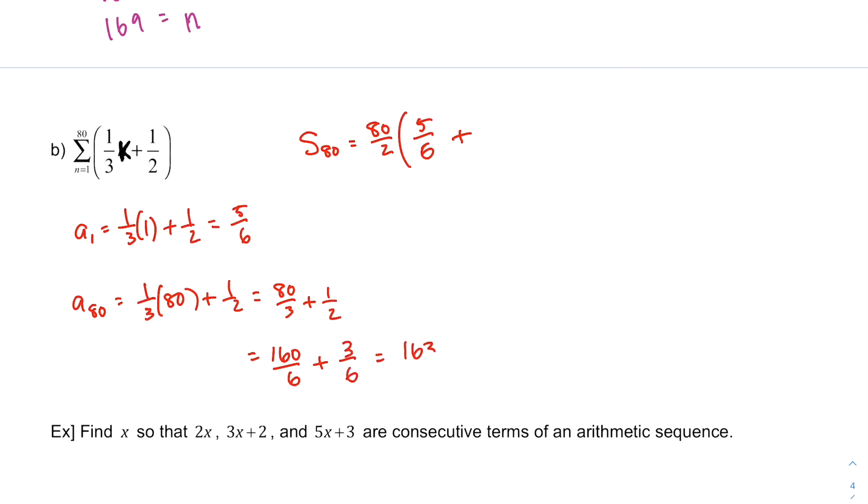So that would be 163 over 6. Okay, so let's write it in. This, I think I'll just put this in my calculator. So I have 80 over 2, which is 40, times 5/6 plus 163/6. Okay, so I got 1120. 1,120 is the sum.